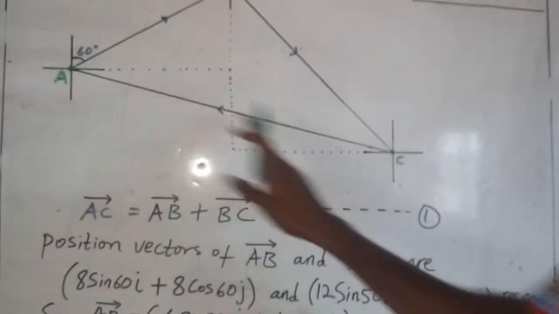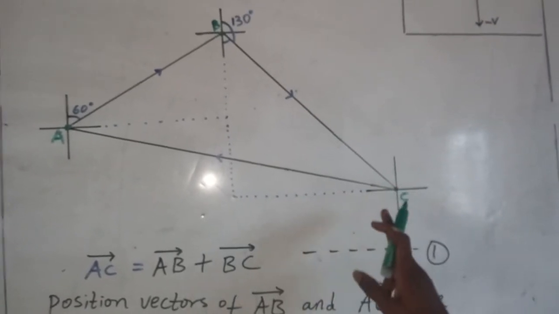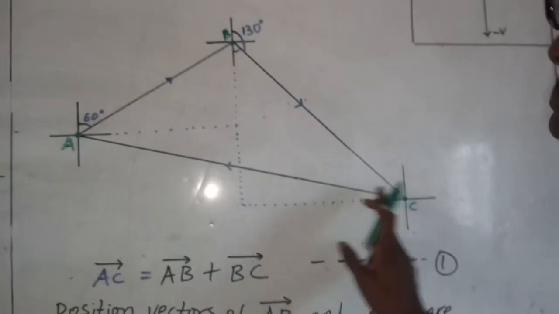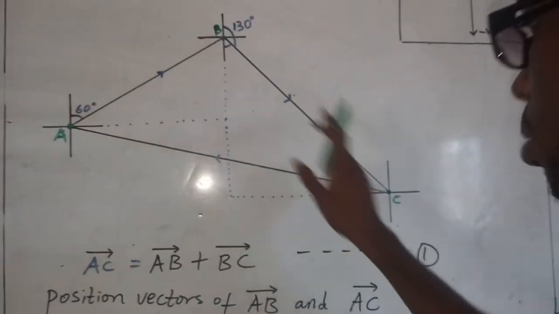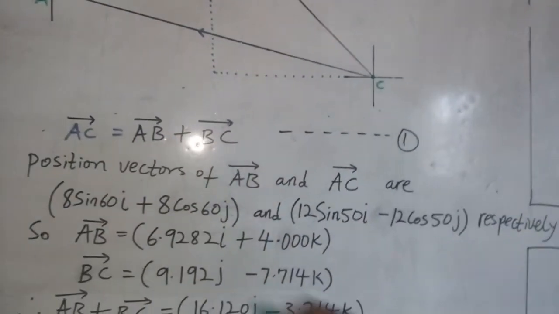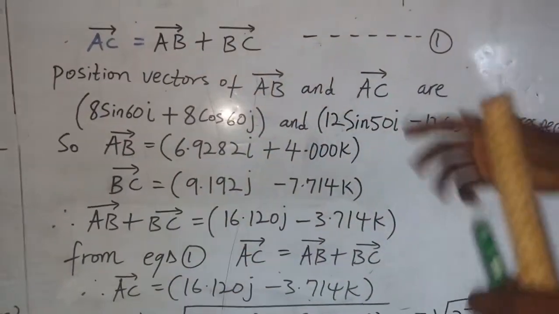AC is from here to here, and according to vector calculation, the vector AC is equal to AB plus BC, as you can see here. So now let us talk about the position vectors of AB and BC.